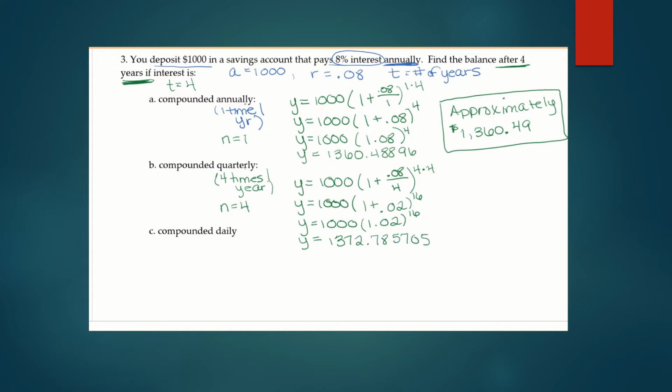So it looks like in my account, I'm going to have approximately $1,372.79. So if you notice, the more often it's compounded, the more money I'm going to end up with in my account. Not a ton more, but it looks like at least $12.30 more, so not too bad so far.